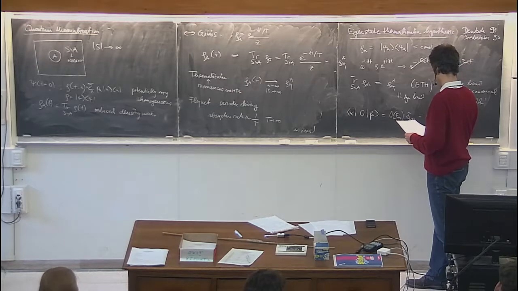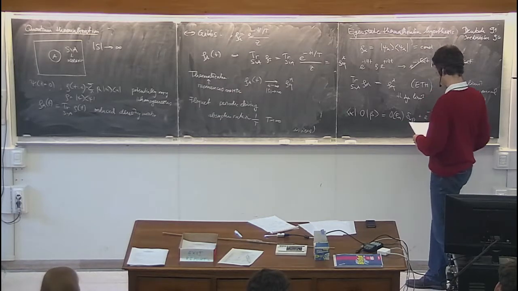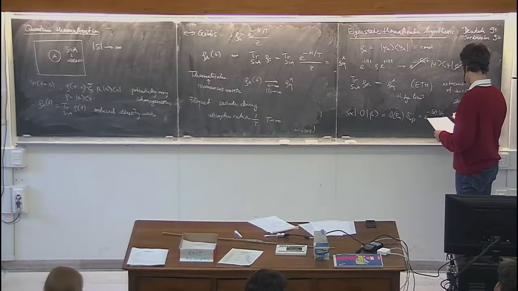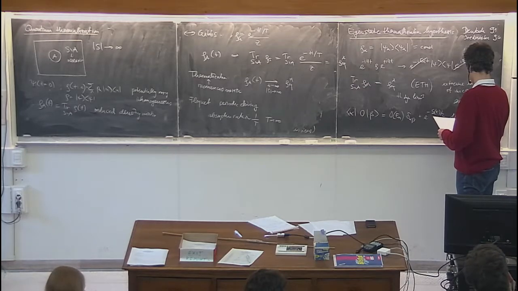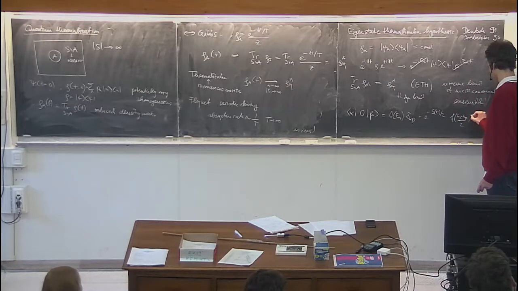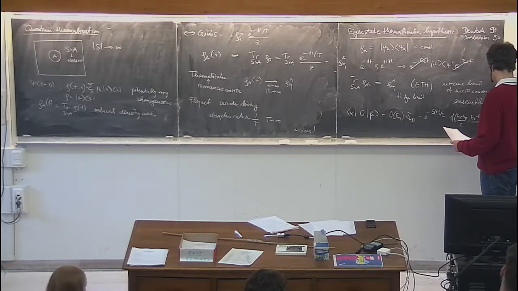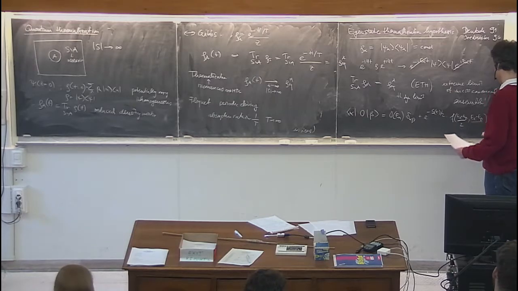And then you have e to the minus S of E over 2, where S is the entropy at the energy that you're considering, times a certain function, a smooth function of the average energy and the difference. Okay, and then some random factor.